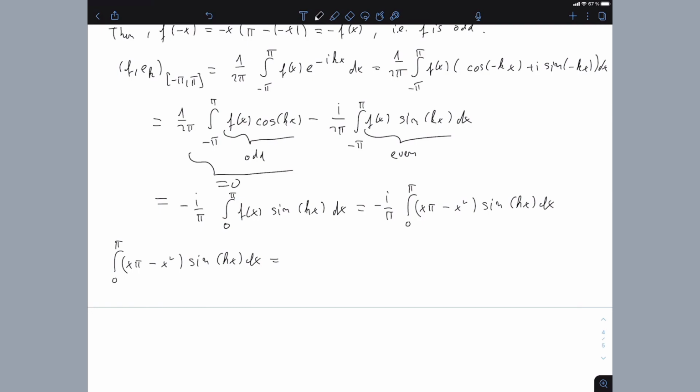So this is x times pi minus x squared times minus 1 over k cosine kx, with bounds 0 and pi.